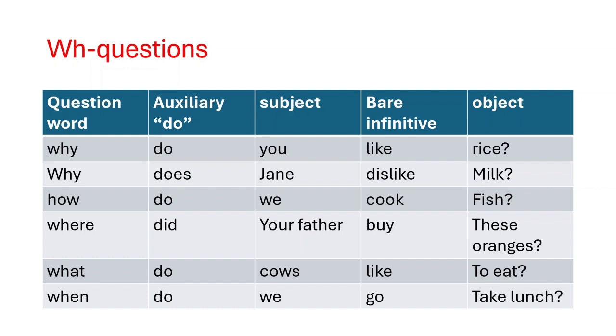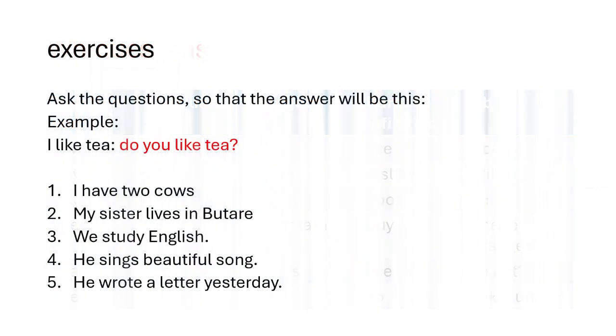How expresses the way or the manner, to mean that the answer will include the way and procedures we follow to cook the fish. Where did your father buy these oranges? Where expresses the place, to mean that the answer will be the place where my father bought the oranges. For example, I can say, my father buys oranges at the market. At the market. Great. These are WH questions.